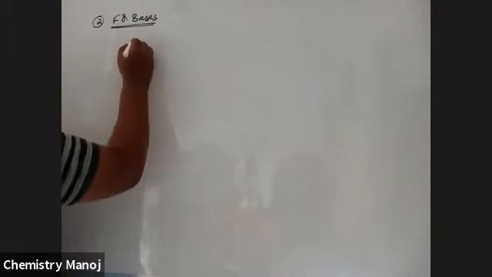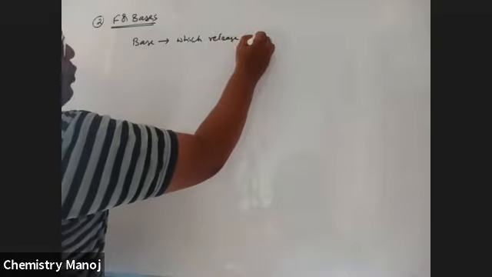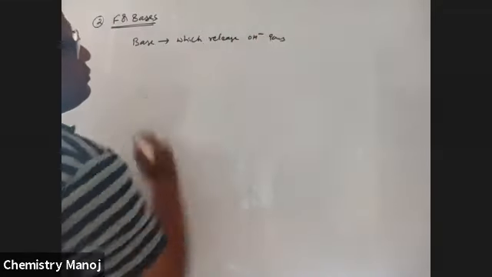Second case, for bases. How to find out N factor for bases? For acids, N factor is equal to the number of replaceable hydrogens. Now for bases, what is a base? A base is a substance which releases OH minus ions.